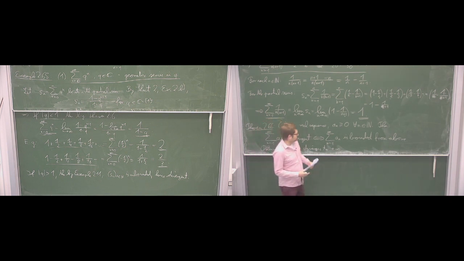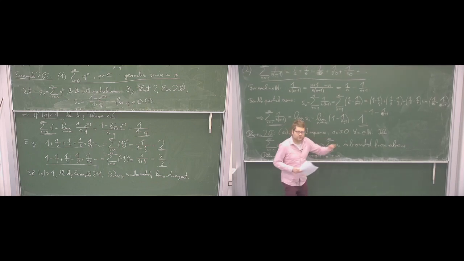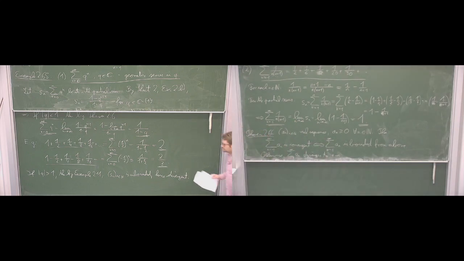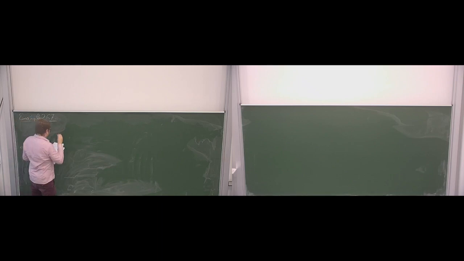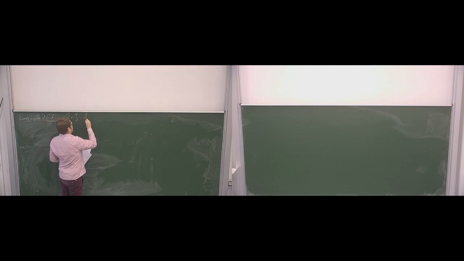Okay, I will give you now another classic example of a sequence, but I will have to erase first. We'll study another important example, and that's the other sum I had on the blackboard in the introduction before, namely the following. So that's example 267. 1 plus 1 over 2 plus 1 over 3 plus 1 over 4 and so on.